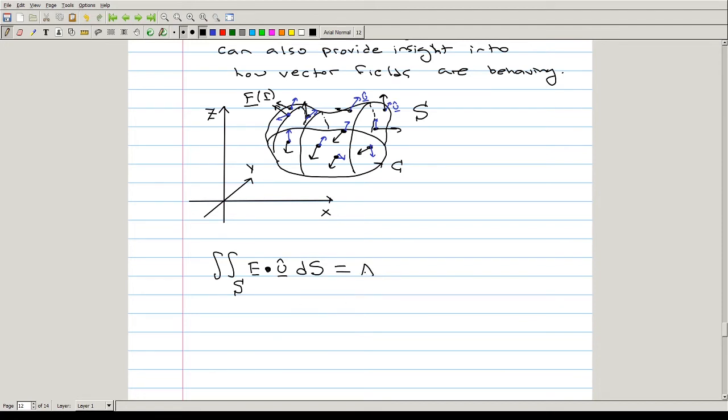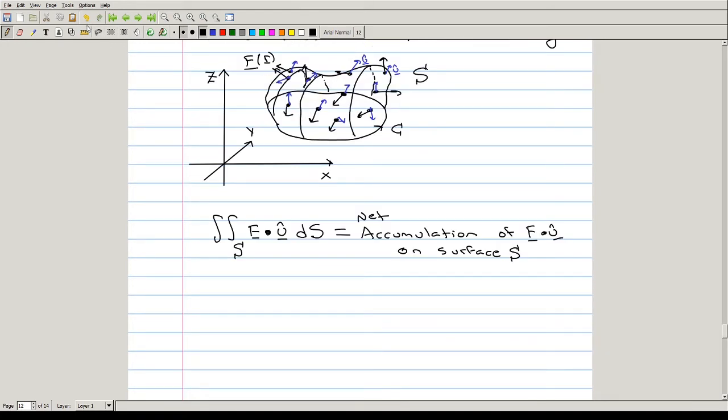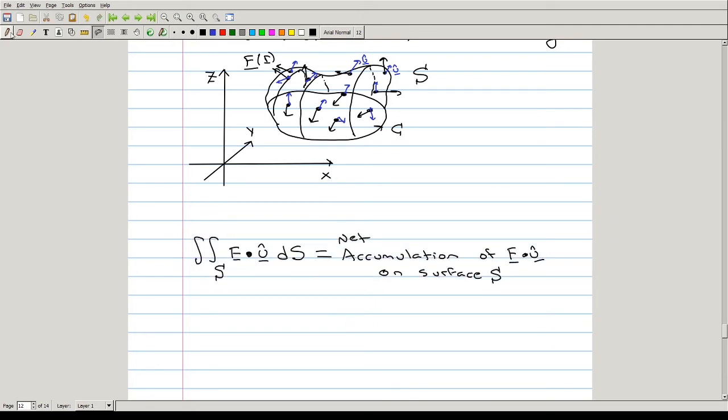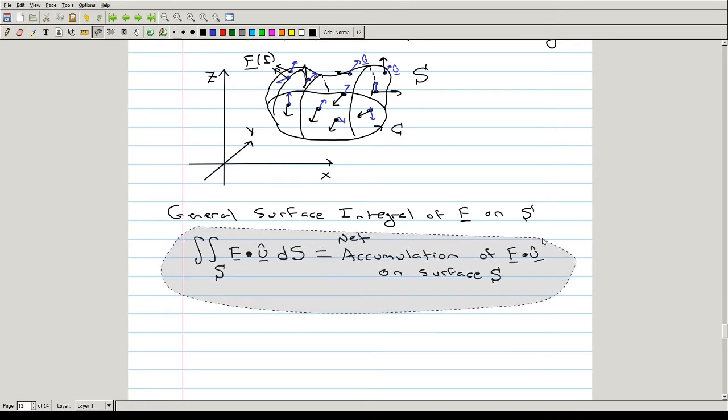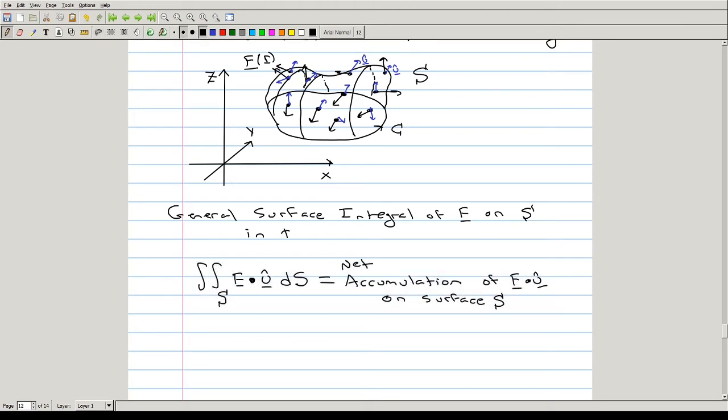And this is exactly the accumulation of the scalar function F dot u hat on the surface S, or the net accumulation of F dot u hat on the surface S. This is called the general surface integral of the vector field F on surface S. And this is in the direction of the unit vector field u hat.